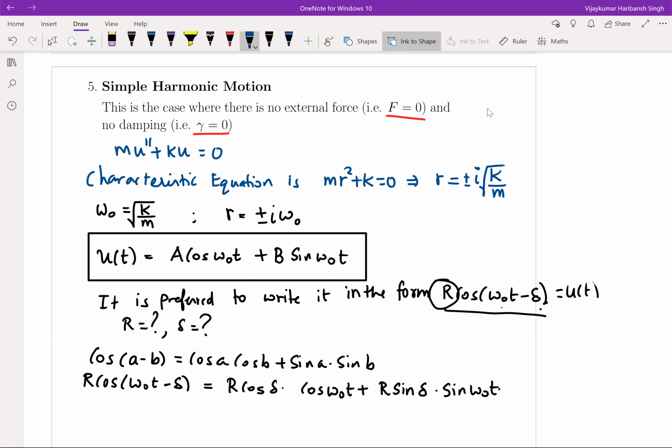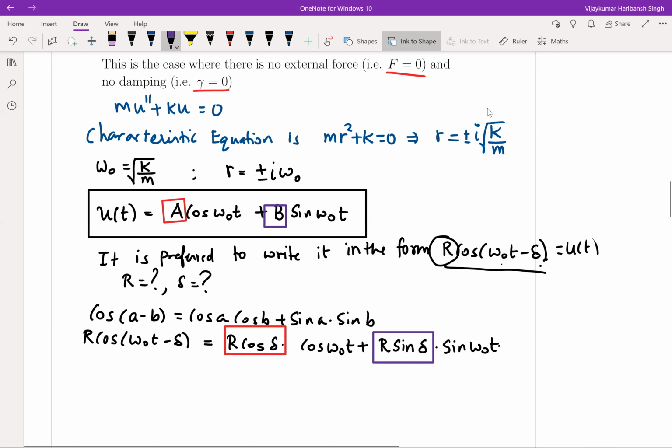Now let's do the comparison. If we compare, we have this A, we have B. So this A should be equal to this term here, and this B should be equal to this term here. So let's work that out.